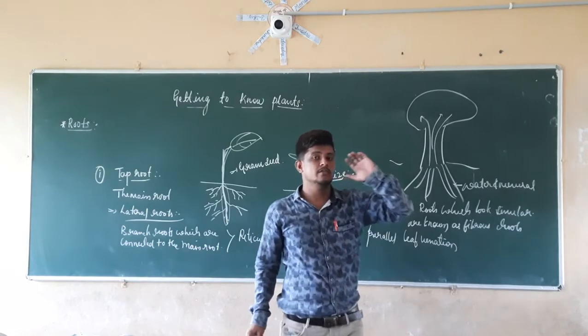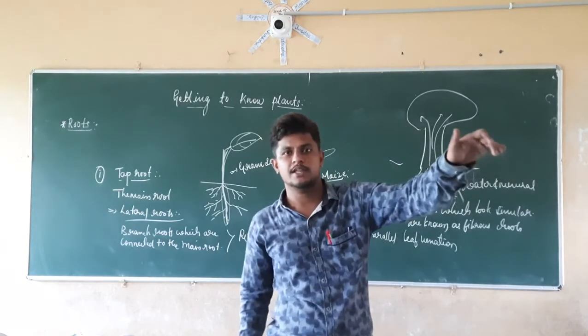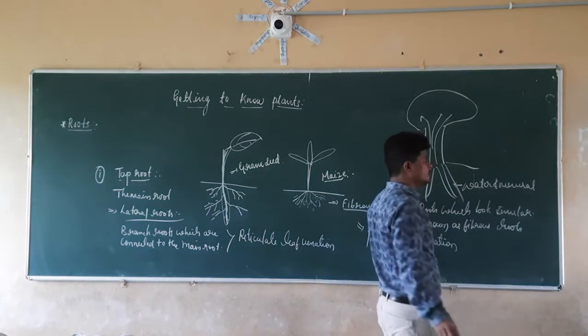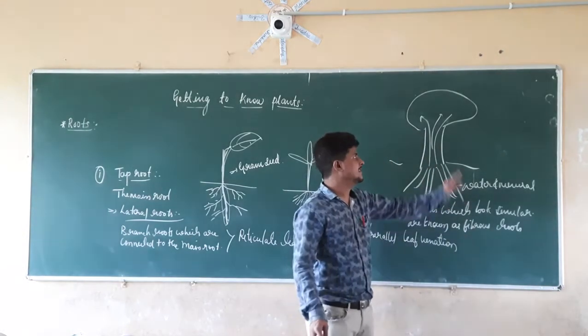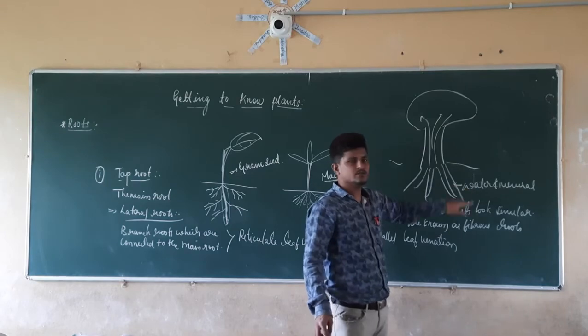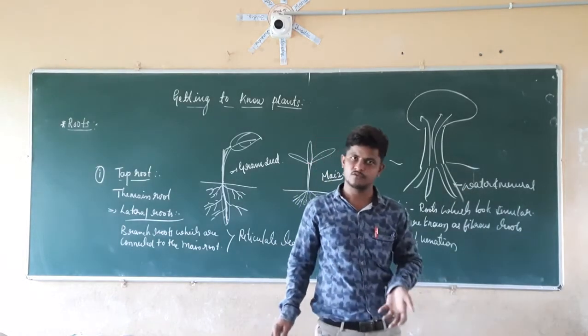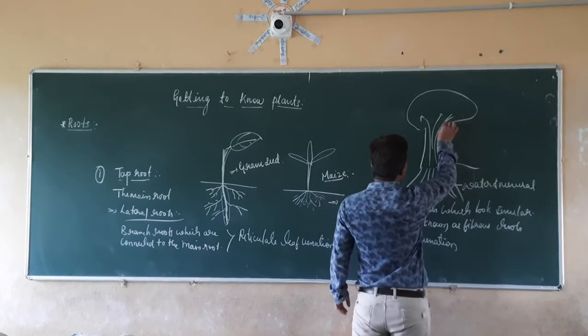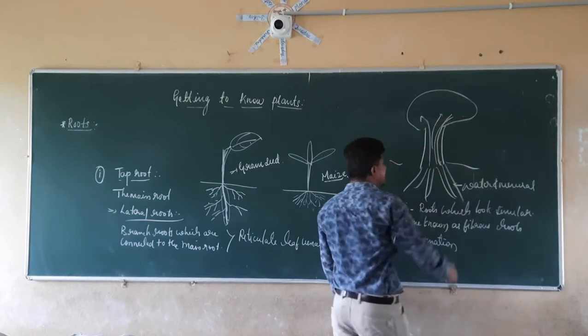In the same manner, we know that leaves prepare their own food, that is nothing but photosynthesis. Food is required at the leaf section, at the stem section, as well as at the root section. For the growth of the roots also, it requires food. So whatever food is prepared in the leaves is transported by the stem to the roots.